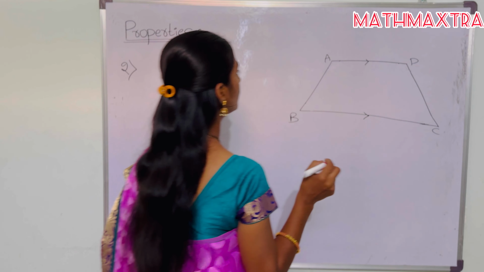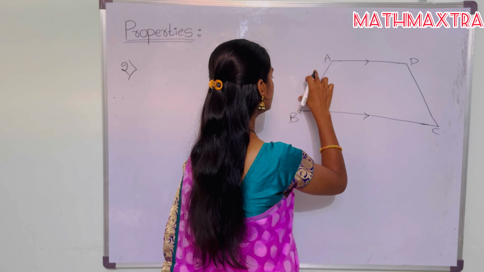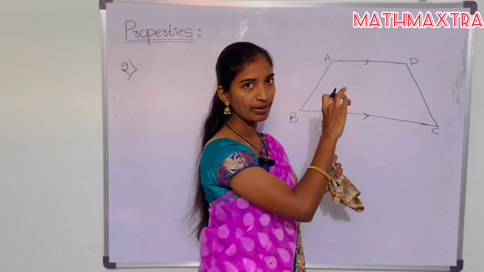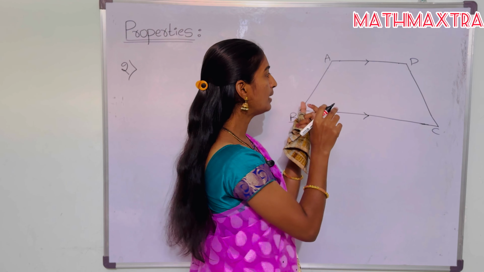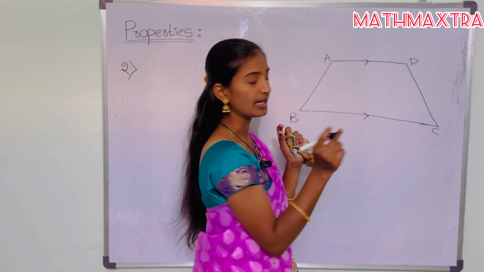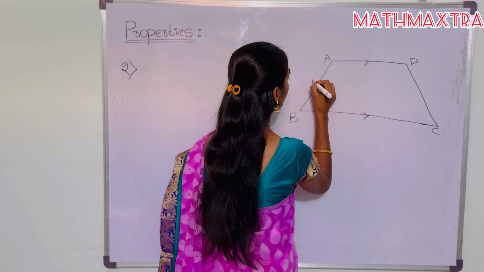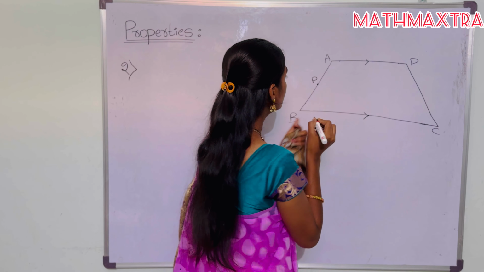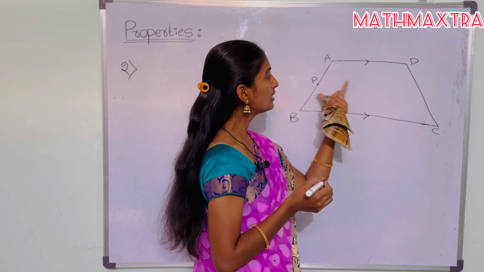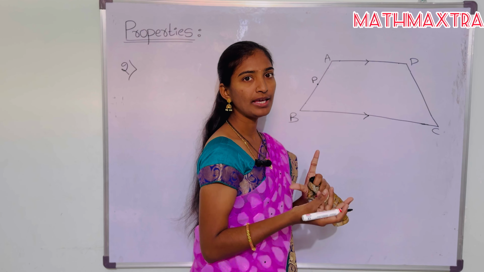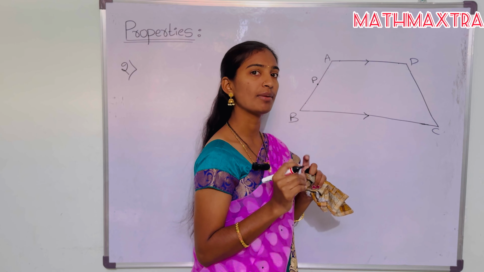So the second property is, see, AB is a non-parallel side and CD is a non-parallel side. You take the midpoint of these two non-parallel sides. Let us consider this is point P. It is the midpoint of the non-parallel side AB. These two non-parallel sides may be equal, may not be equal. So we don't have any condition on the non-parallel sides.